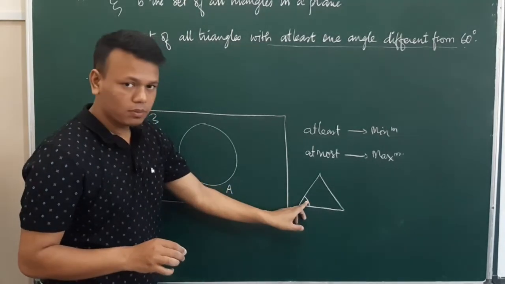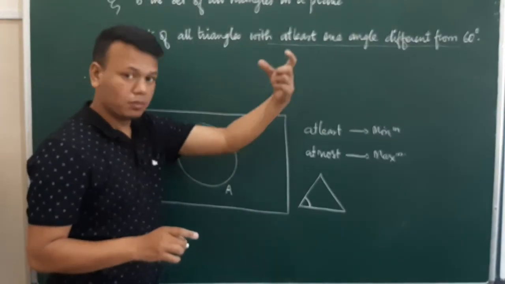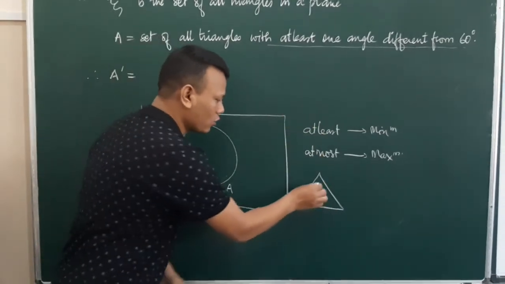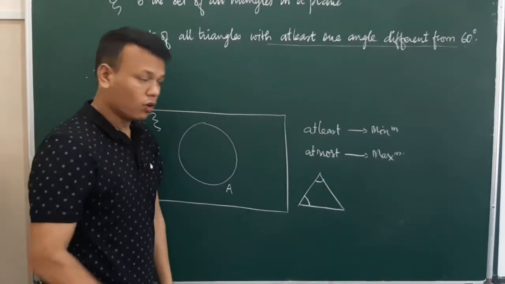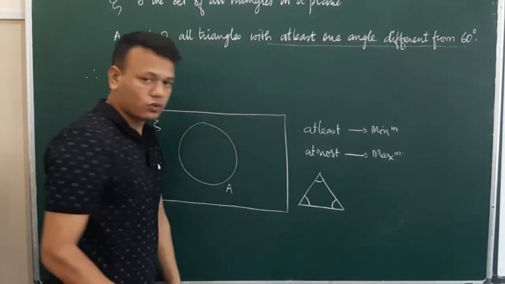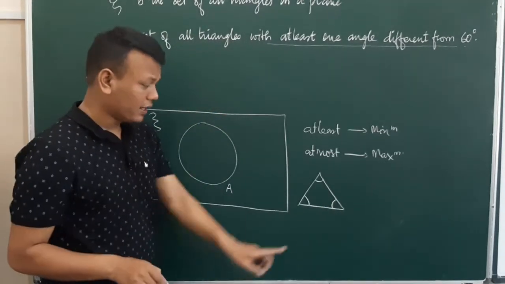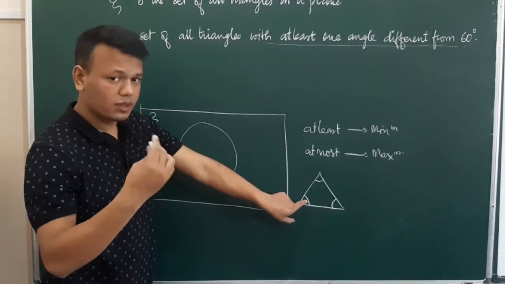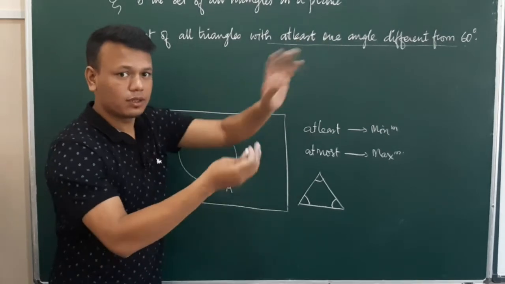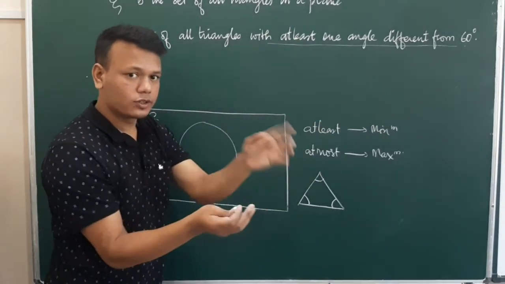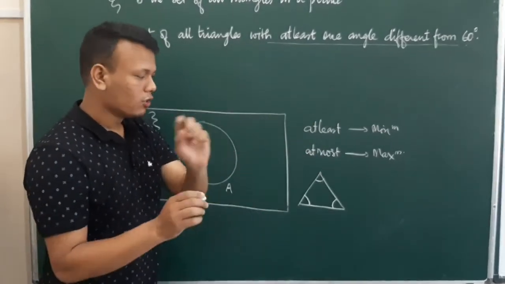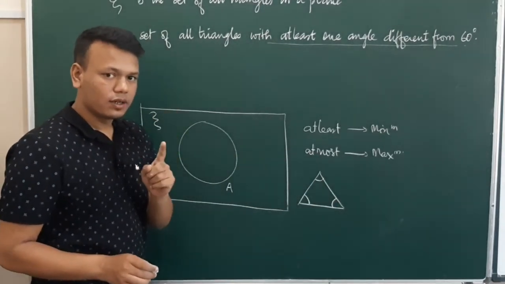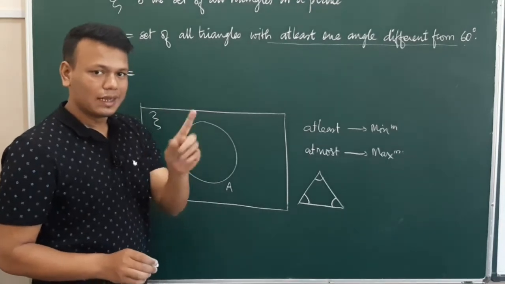If minimum is 1, then we can have two angles also different than 60 degree, or we can have three angles also different than 60 degree. That means maximum there is no limit. So this A contains those elements which are not equilateral.